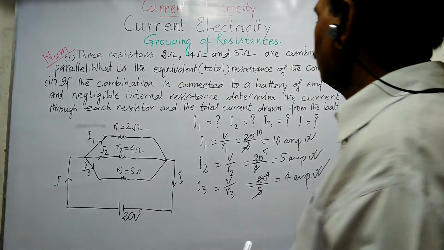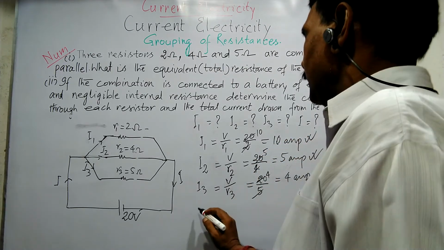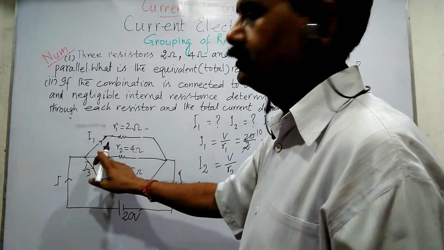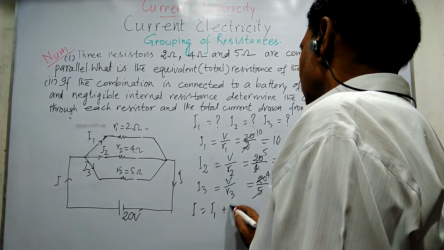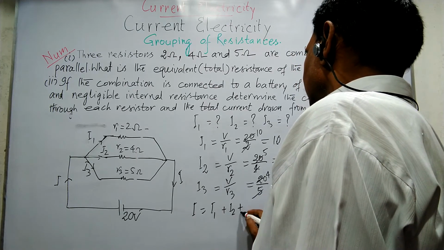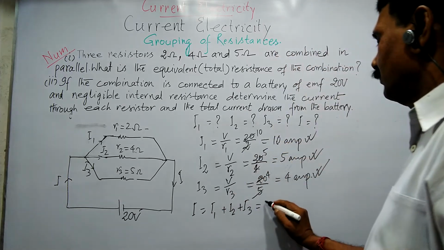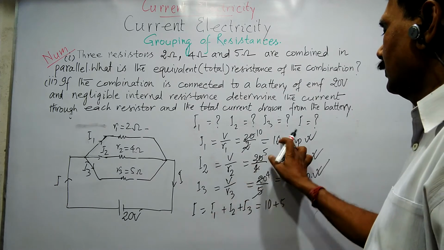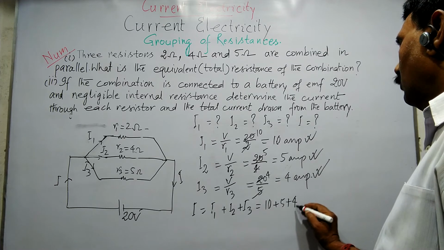Now we have to find out the value of total current I. Then what we get here? I has been divided in 3 parts. This means I is equal to I1 plus I2 plus I3. I1 is 10 ampere, I2 is 5 ampere and I3 is 4 ampere.